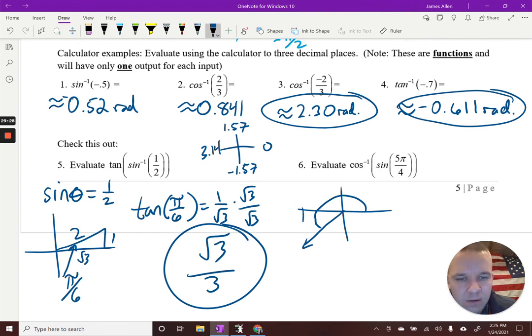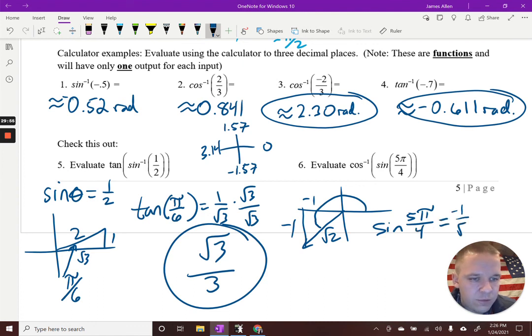So this is a 45, 45, 90, 1, 1, and then root 2. 2 negative 1s and root 2. Then I want to know what's cosine inverse of that. So my sine is going to be opposite over hypotenuse. Let me actually finish this out. This is going to be negative 1 over root 2, which is negative root 2 over 2 when I rationalize.